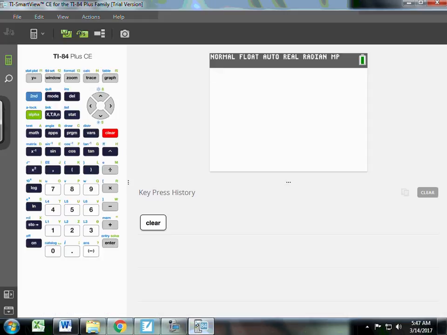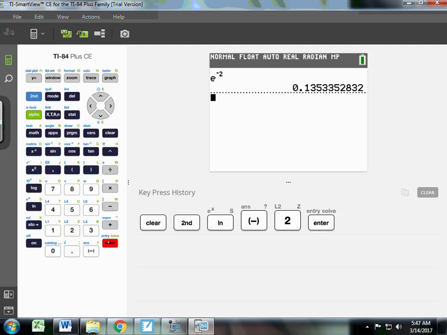Scientific calculators have the E button as well. Most of the time you have to use the second feature. On this graphing calculator, I'd press second, and then if you see the LN button, the second option is E. Oftentimes it'll force you to raise it to a power because we often raise E to a power. So for example, E to the negative second power will be the first thing in our table. Press enter, and I get about, let's round to 2 decimal places for graphing purposes, 0.14.